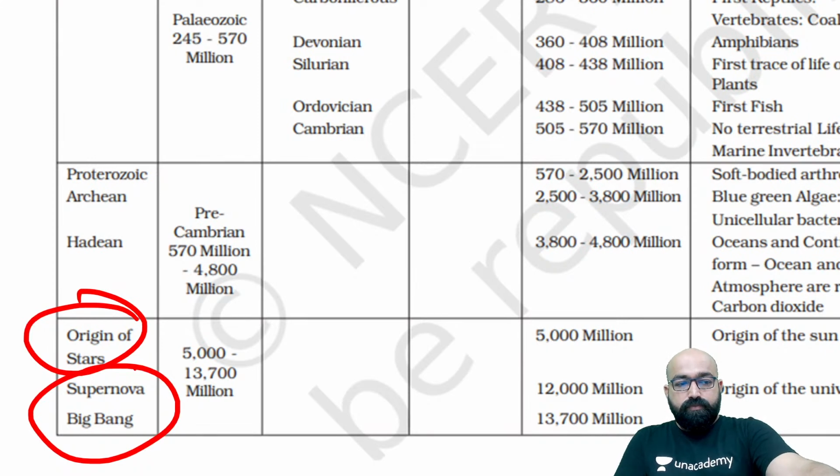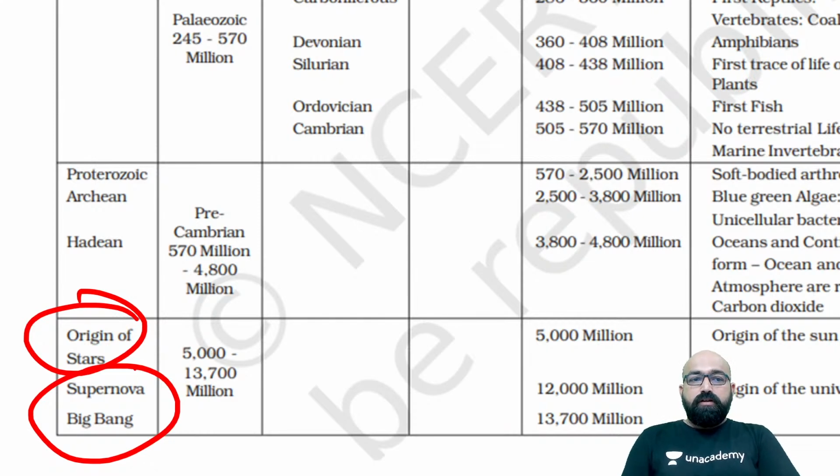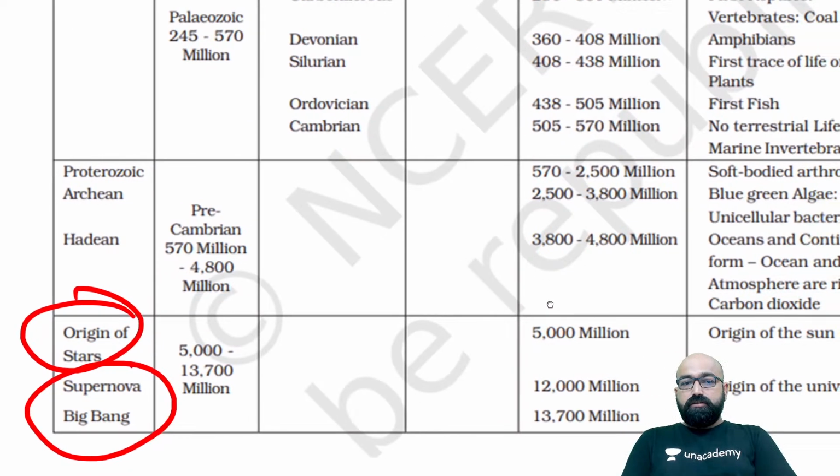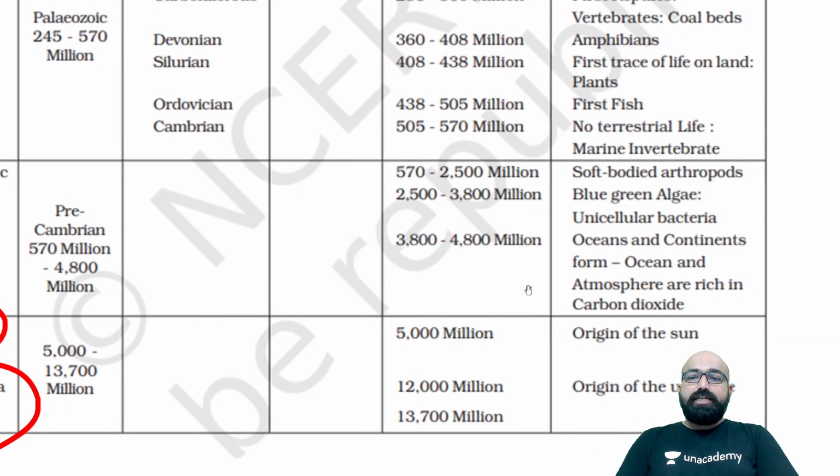Now, in this period, the atmosphere was rich in carbon dioxide, then oceans and continents formed, then blue green algae, that is unicellular bacteria, and then soft bodied arthropods.